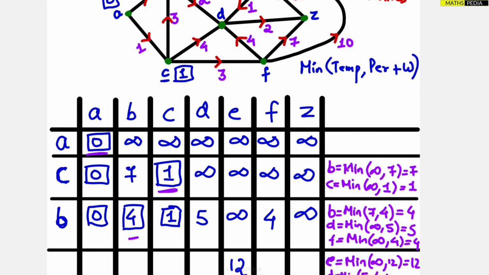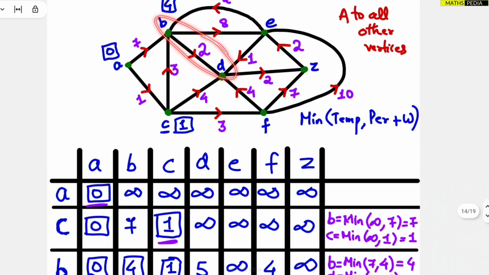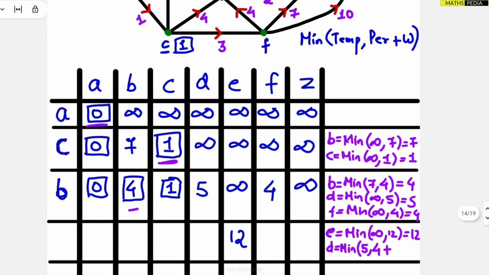So 4 plus the weight between B and D, you can see it is 2. So what is 4 plus 2? It is 6. So between 5 and 6, which is the minimum value? 5. So I have got the new variable value for D, okay, 5. Okay, done. Rest all things no need to calculate, right? Everything copy paste.